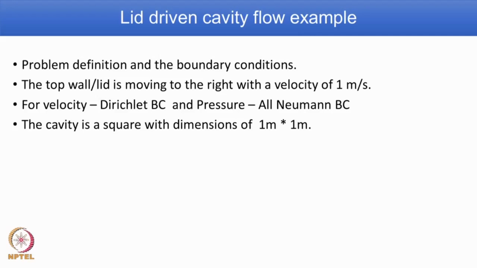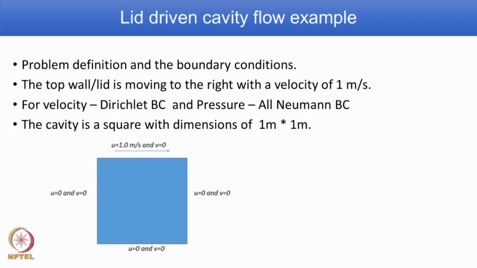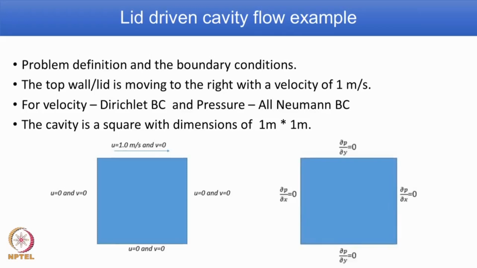The cavity in a 2-dimensional situation is a square. If it is a 3-dimensional situation, it becomes a cube with a dimension of 1 meter by 1 meter by 1 meter, and this is the illustration we used to explain the problem as well as the boundary condition implementation.